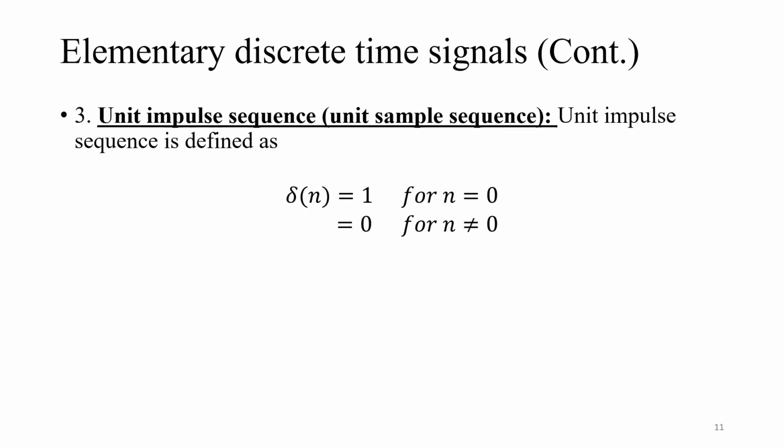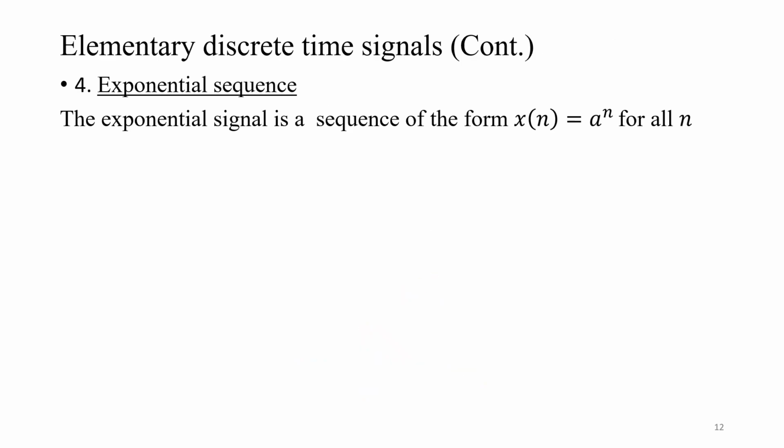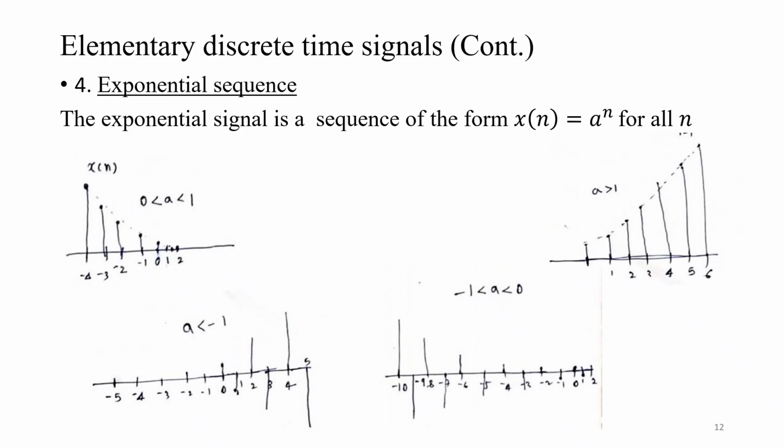Similarly, next one is unit impulse function. It is denoted by del of n is equal to 1 for n equal to 0, 0 otherwise. So at 0 it is 1, other than that it is 0. This is del of n function. Next, exponential sequence x of n equal to a to the power n. If a is between 0 and 1, it will go in decaying order.